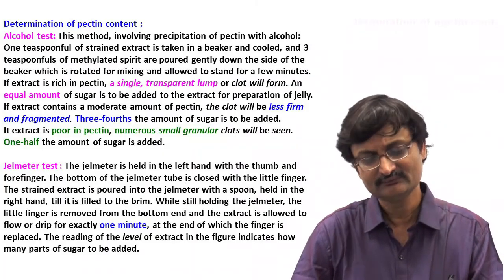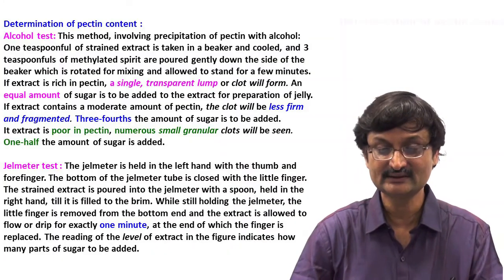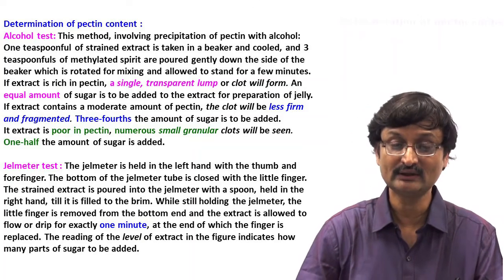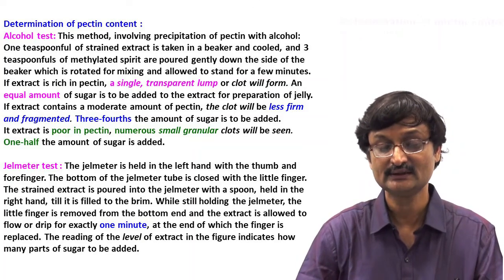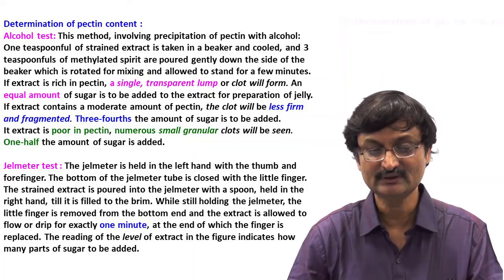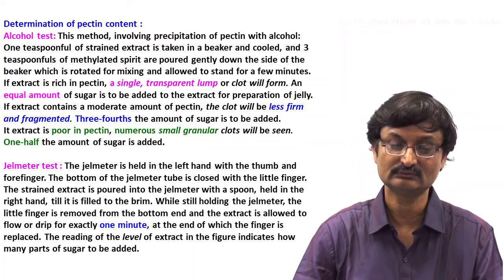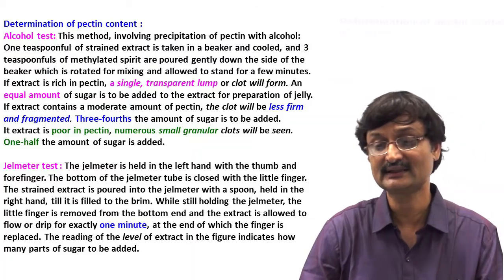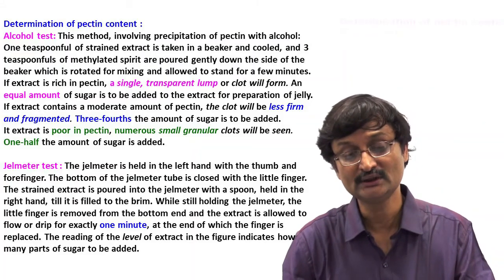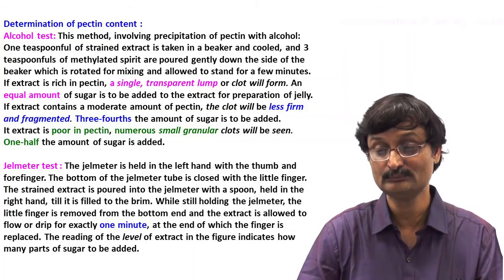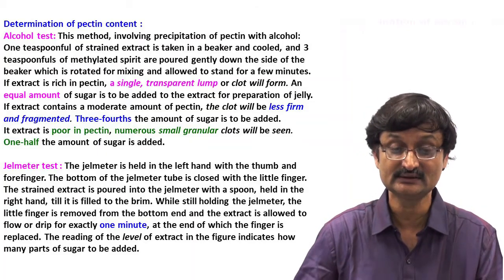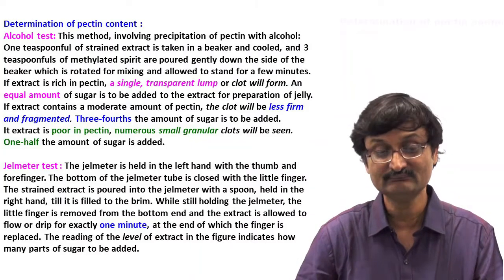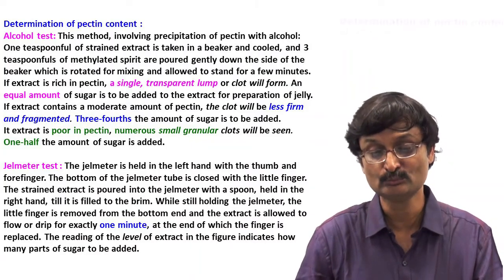It is a very easy method, involving precipitation of pectin with alcohol. 1 teaspoonful is equal to about 5 gram, and 1 tablespoonful is about 15 gram. 1 teaspoonful of strained extract is taken in a beaker and cooled, and 3 teaspoonful of methylated spirit are poured gently down the side of the beaker, which is rotated for mixing and allowed to stand for a few minutes.